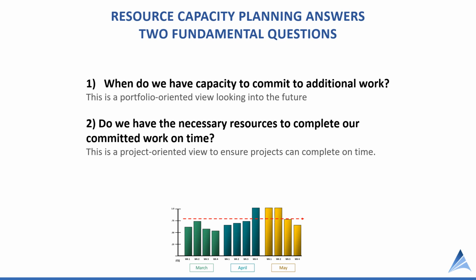Secondly, do we have the resources to get our current work done? This is more of a project-oriented view, and it's focused on our existing commitments. So these are the two fundamental questions that capacity planning helps answer. One is portfolio-oriented, to know when we can take on new work, and one is project-oriented, to know if we can get our current work done.